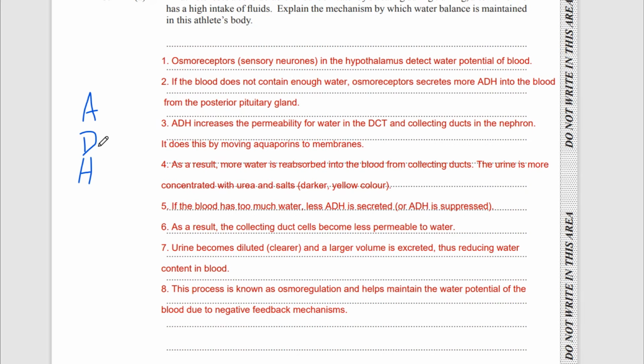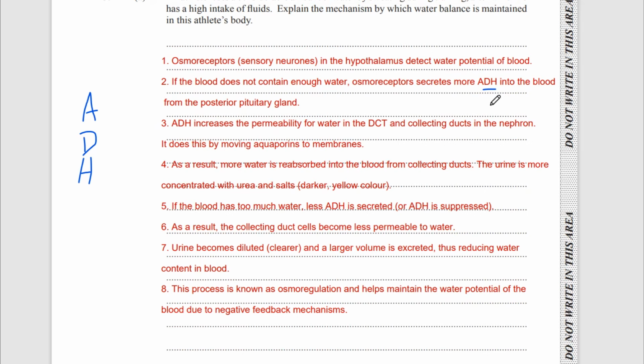Now, diuretic, you could think of that as a substance that makes you urinate. So an antidiuretic is a substance that suppresses urination. So what ADH does is that it actually suppresses urination. It reduces the volume of urine that is formed.